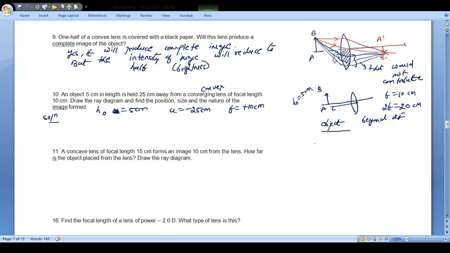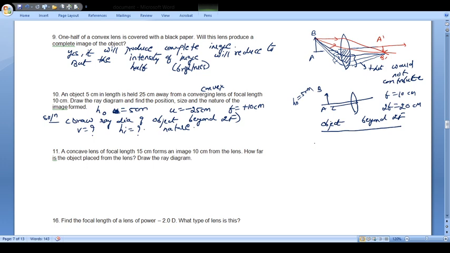So you have to draw the ray diagram of object beyond 2f. Find the position. So you have to calculate v. v is unknown, and then you have to find the position, size, height, and the nature.